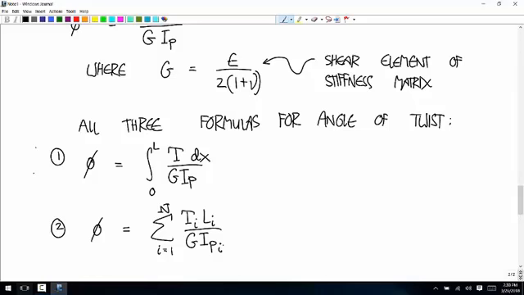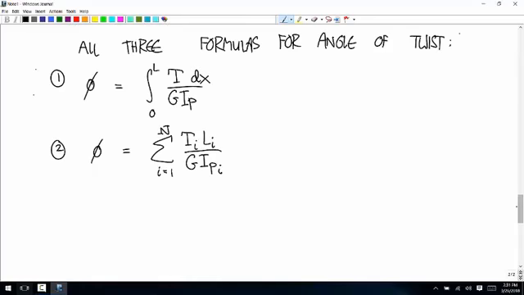You could have something that has different diameter cylinders as you go across, a thicker part here and a thinner part here. And then the third one is for all these values being constant. That's the one that we just came up with. So phi is equal to internal torque times length over G I sub P.